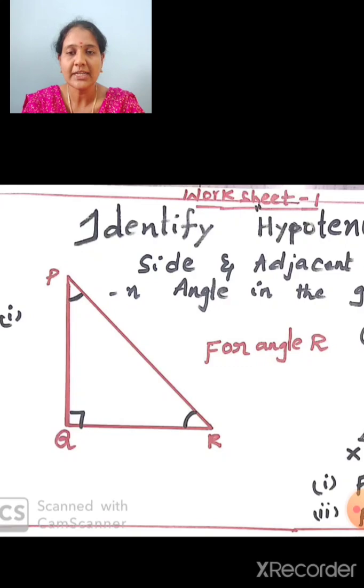That is the largest side, and it is called the hypotenuse. When they ask for angle R, you have to go to R. If you take angle R, what is the opposite side to angle R? PQ. So PQ is the opposite side. What is the adjacent side to R? QR. That is the first figure.